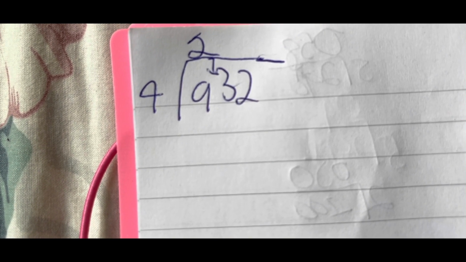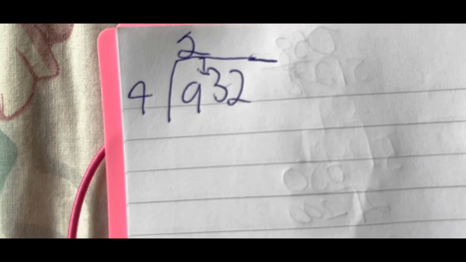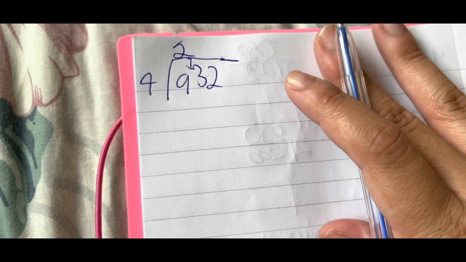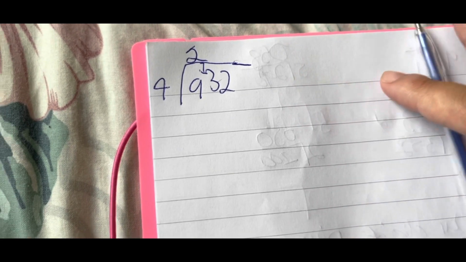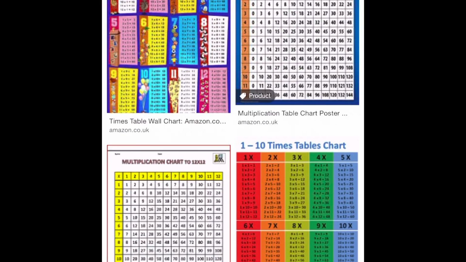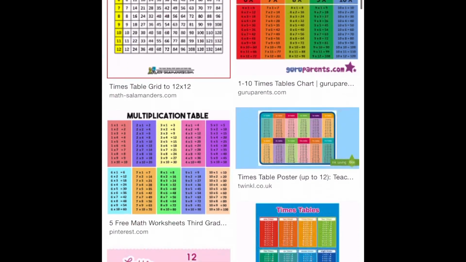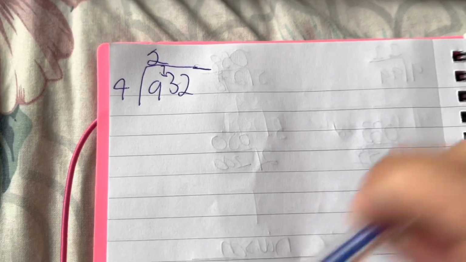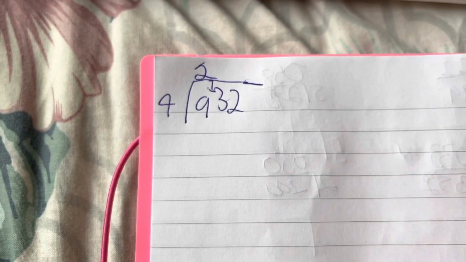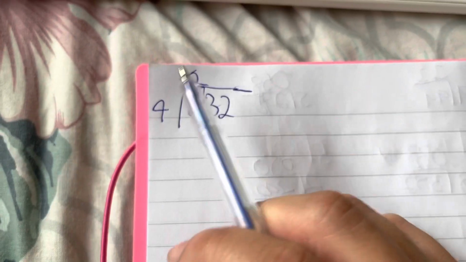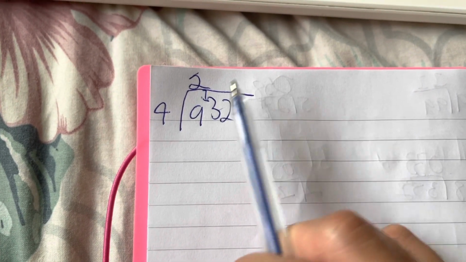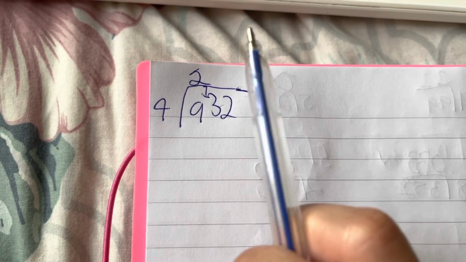So 13 divided by 4. Feel free to use a times table chart, which I'm going to show you right now. Feel free to pause. So what's 13 going into 4? 13 definitely doesn't go into 4. So what is the nearest number to 13, which is less than 13, in the 4 times table?